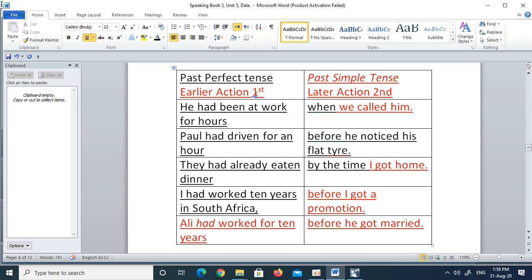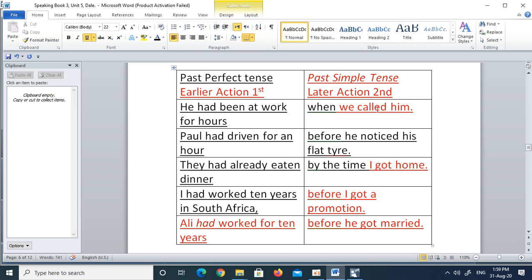In all of these sentences, the earlier action takes the past perfect tense, and we also put it first in the sentence. We put the later action second in the sentence.